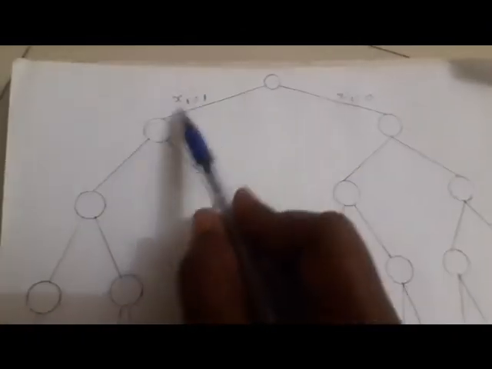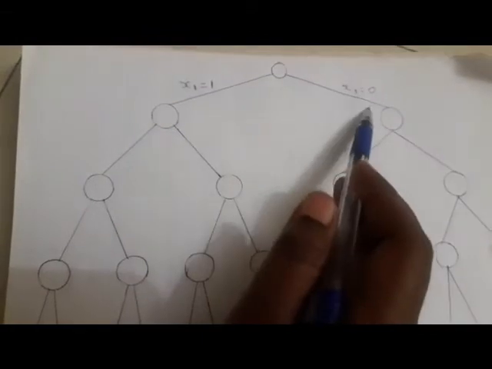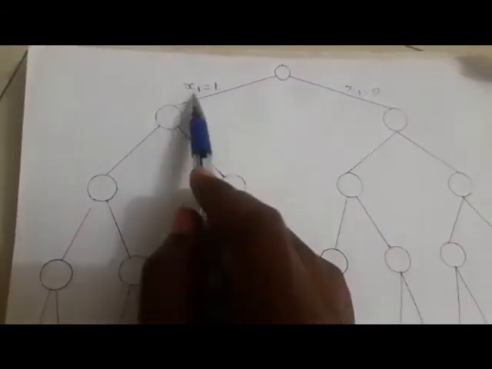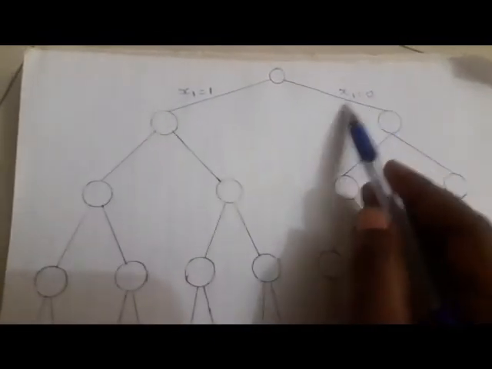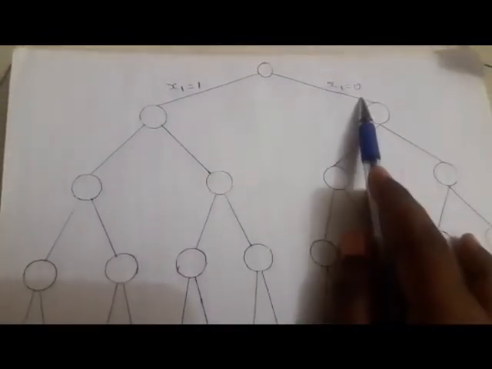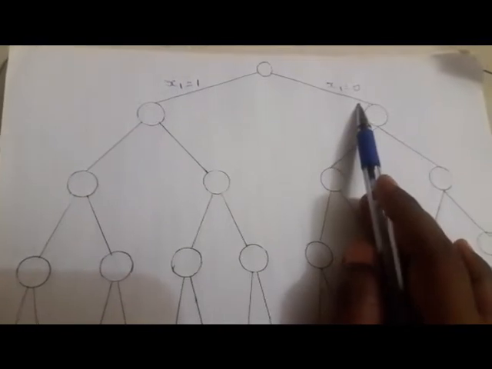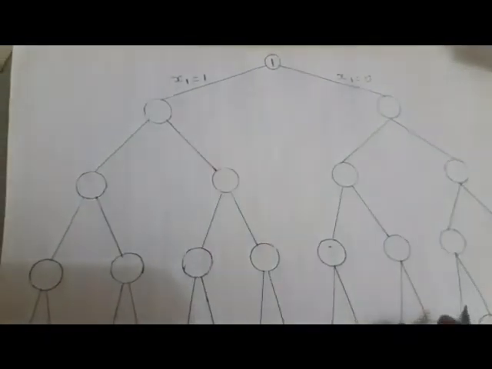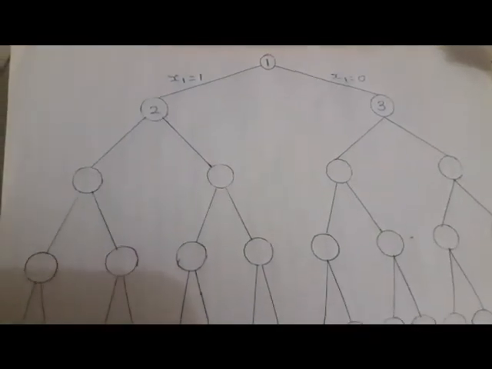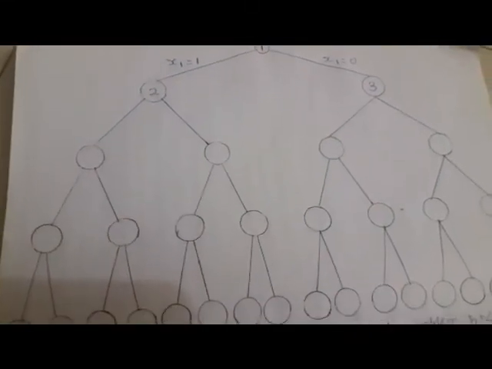Now we see here that x1 is equal to 1 and x1 is equal to 0. It means the weight 1 is included in the left subtree, and in the right subtree x1 is not included. Now whenever we have to give the numbering, the root node will be 1. It has 2 children, so this will be 2 and this will be 3. Now this is the numbering for the nodes.